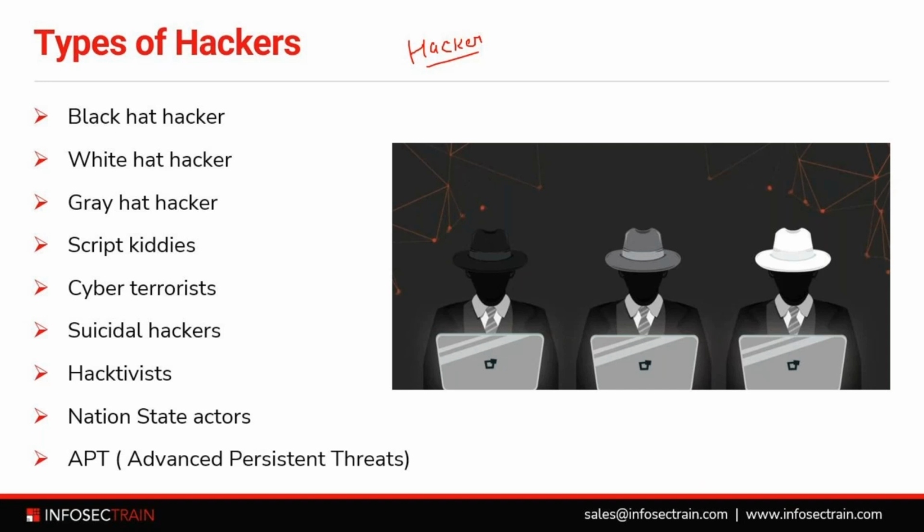In the 1950s, this hacker term was given to those people who had the information about system administration and networks. A person who uses his or her skills or knowledge to find a vulnerability, exploit it, and steal the data, that person is called an attacker. But nowadays, everyone calls them hackers. But hacker is a term given to a person who has a good amount of knowledge, right?